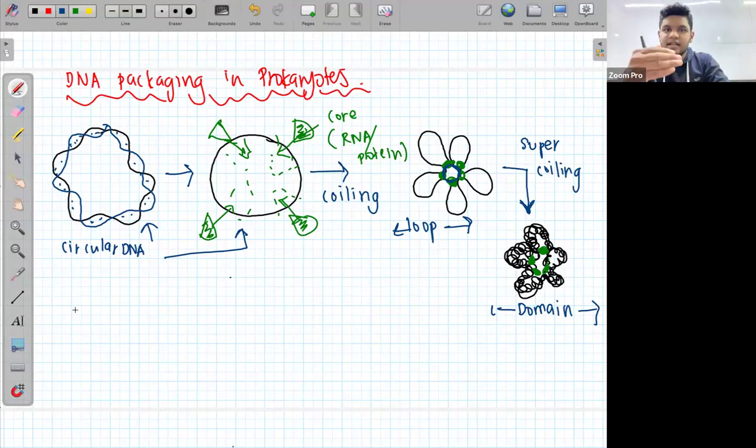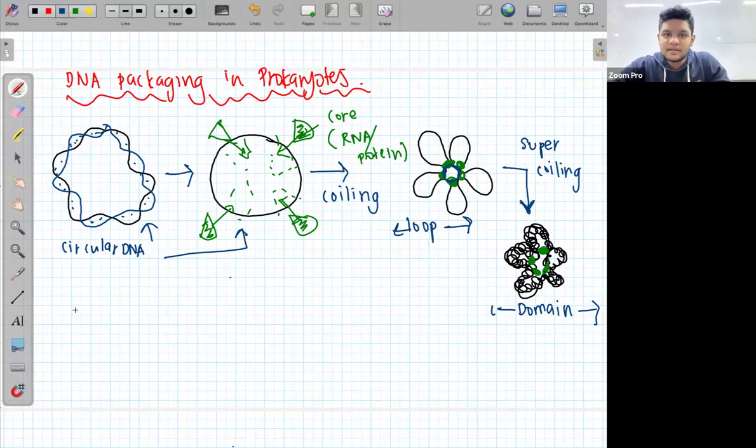When the time is ready, those cores will be coming closer and allowing the DNA to turn its shape from a circular shape into a loop-like shape, like a flower-like shape. That process is called coiling. The circular DNA, after coiling, will turn into a structure called a loop. That loop will undergo a process called supercoiling, and at the end, it will form a structure called the domain. Is it clear?